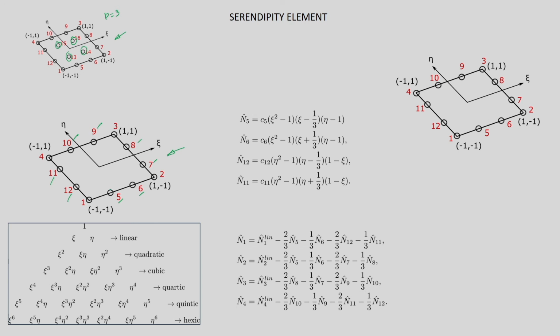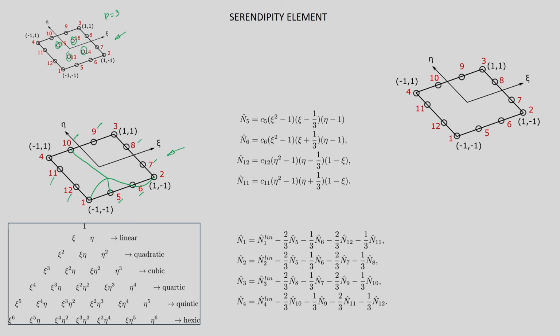So, we will say N5 is varying with degree p like this, the same way it varies in case of a one dimensional element, and is 1 at node 5. Since these 4 points are specified, here it is cubic in xi, and it varies linearly along eta.